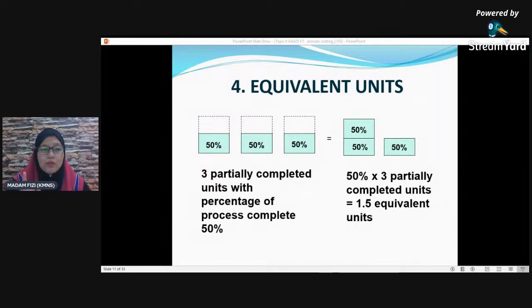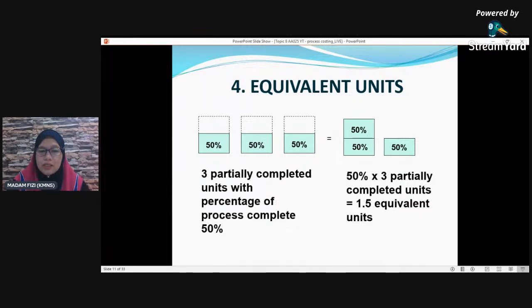Saya kena combinekan dia menjadi equivalent unit ataupun unit setara. Bila saya combinekan, 50%, 50%, 50%, dapat 1.5 siap. Kalau tadi ada 3 unit separa siap, bila saya combinekan, dia jadi 1.5 siap.